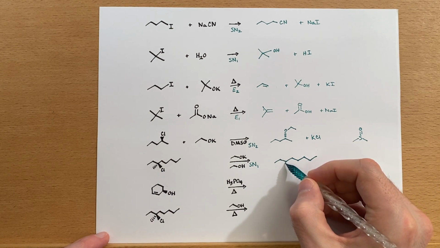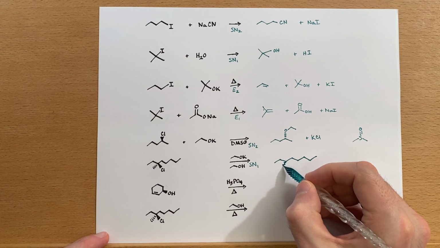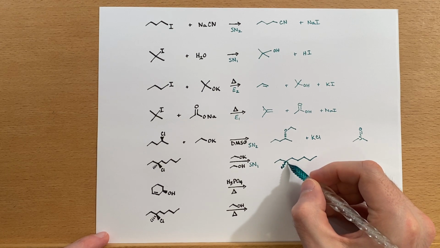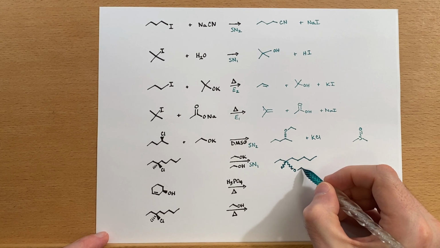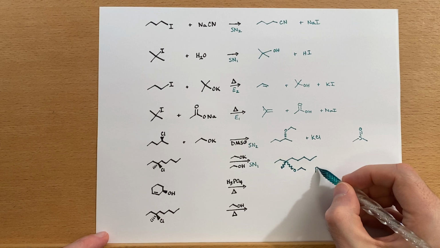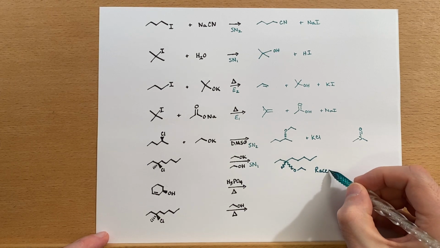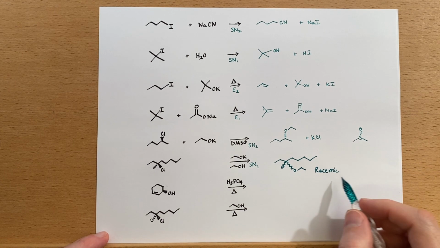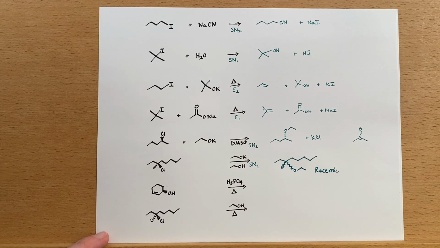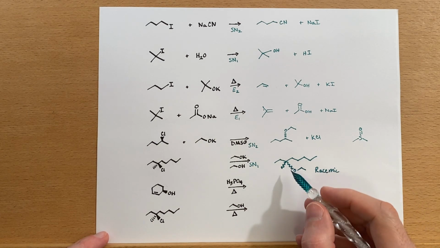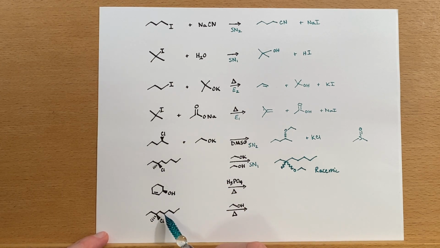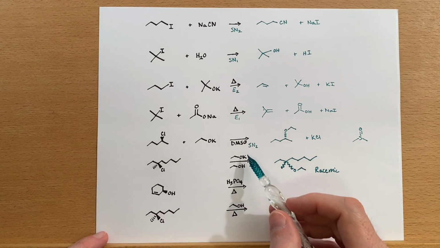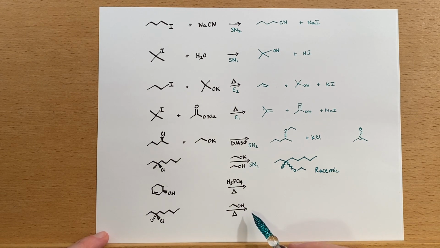So I'm going to just draw these as racemic. You know, let's skip down to this one because it's a very similar substrate. It's the same substrate, slightly different conditions here.